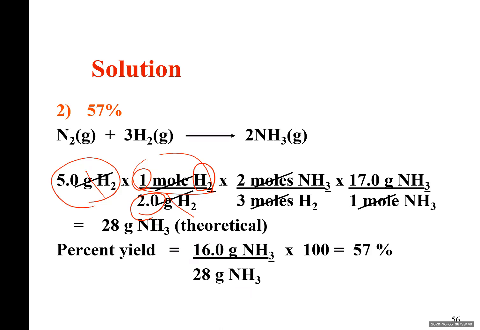Each hydrogen, 2 hydrogens, 2 grams per mole. So now I have moles of hydrogen, and I want to cancel moles of hydrogen. Go to moles of NH3. So I write moles of H2 on the bottom, moles of NH3 on top, and then relate top to bottom.